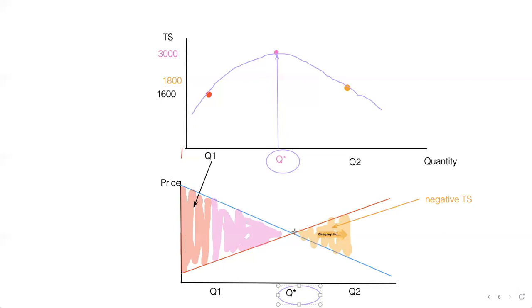And since total surplus is how we measure efficiency in economics, we have just demonstrated that the first fundamental welfare theorem is true. Namely, the competitive market, by picking the equilibrium quantity Q star, also maximizes total surplus. Does that make sense, Gilbert?